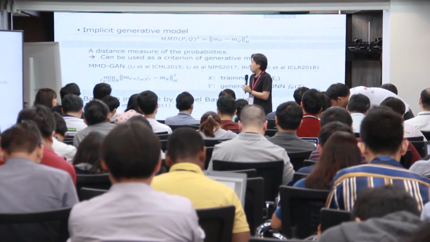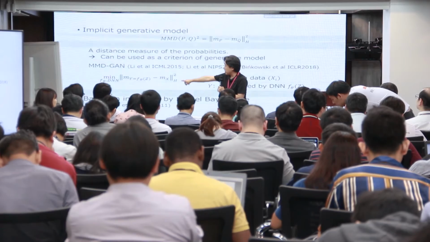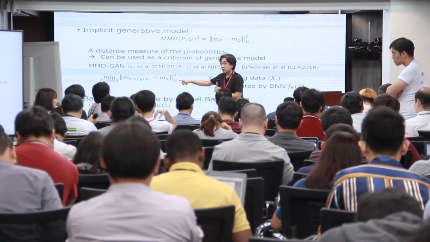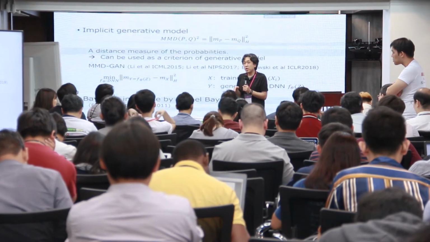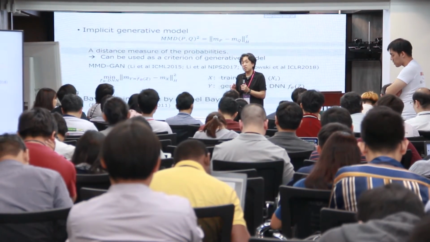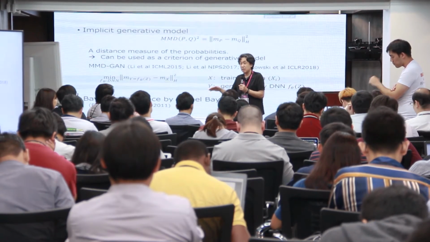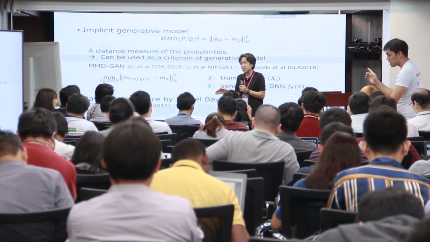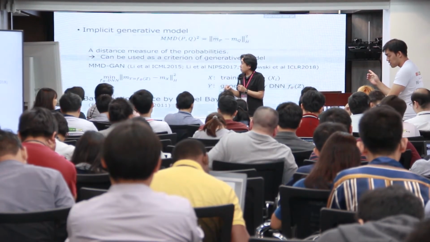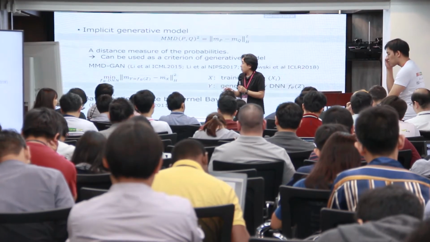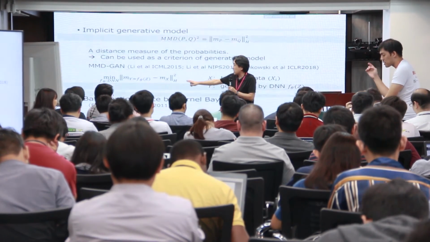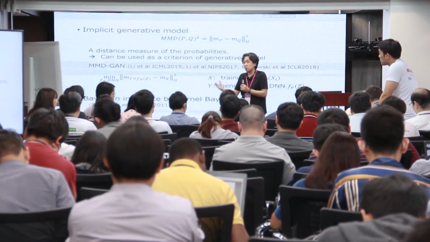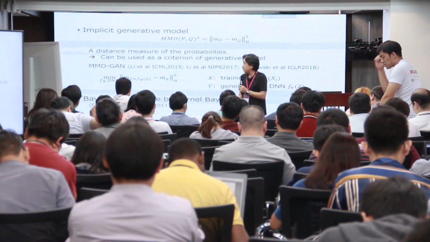However, one weak point of this original approach is that we need to fix the kernel. By fixing the kernel, we are basically defining some smoothness, assuming some smoothness of the function, or the discriminator in this case. So people are trying to prepare a much wider class of kernels and pick a good one to make a discriminator in some sense.